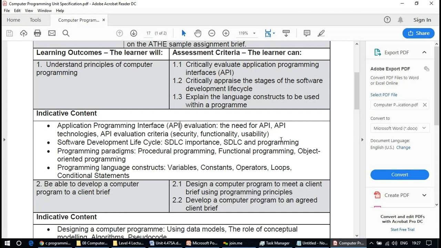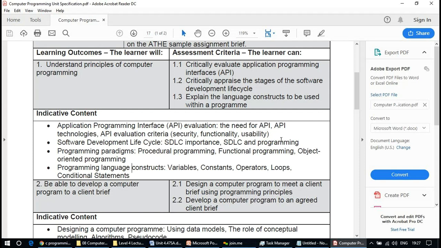Now for example, if your brain is a computer, and I'm asking you to do some calculation for two numbers.